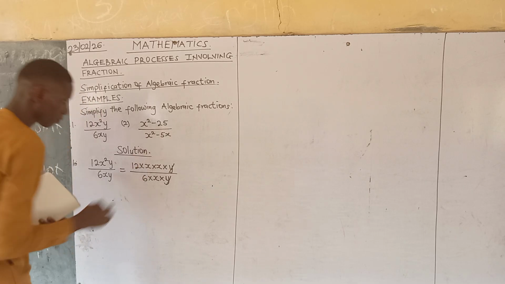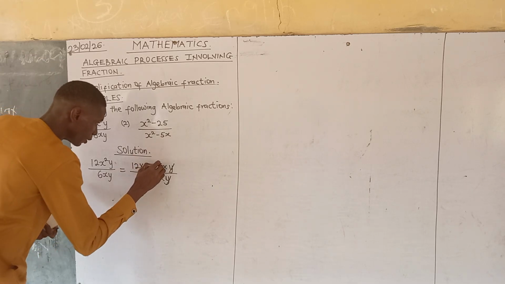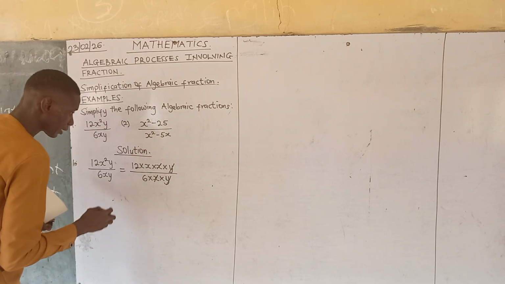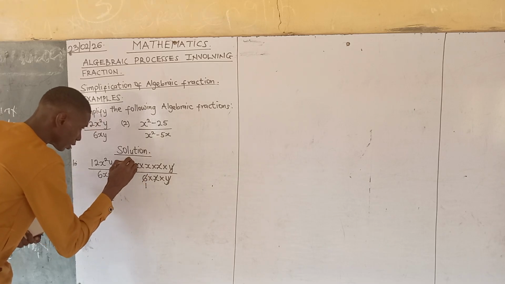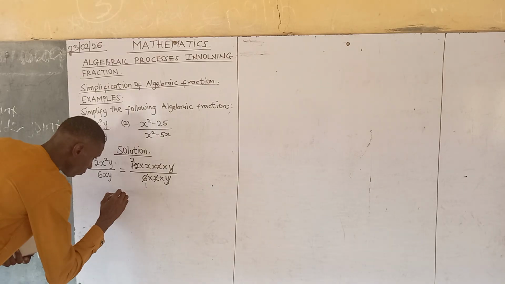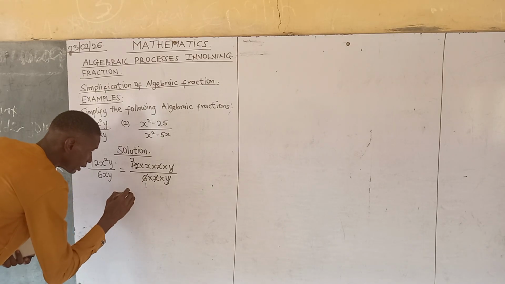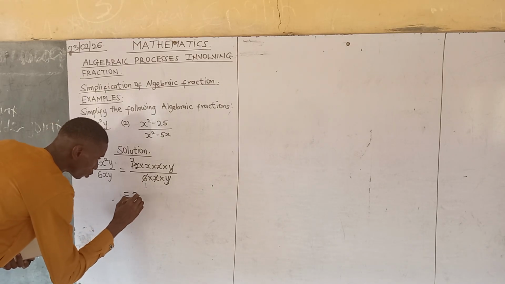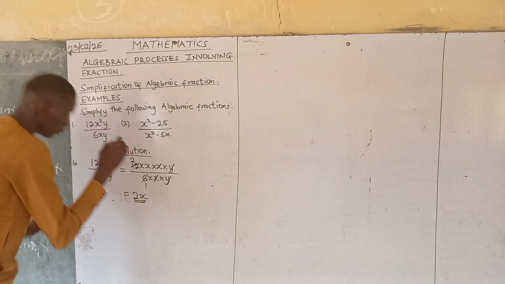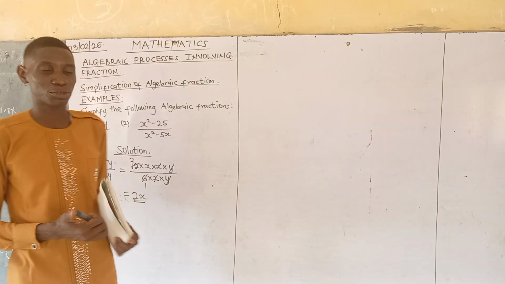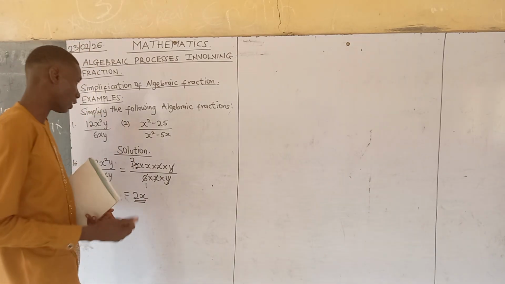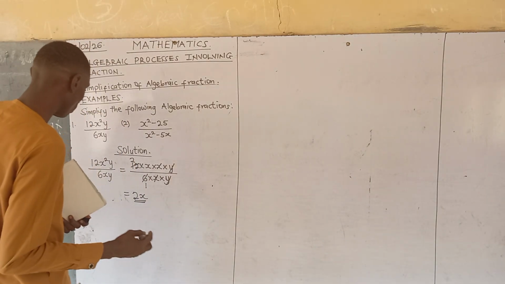It is gone. We are having x in common, we cancel one x. We are having 6 here, and 6 goes into 12 2 times. Therefore, our answer is equal to 2x. As simple as that. This is what they call simplification of algebraic fractions. Let's look at number 2.